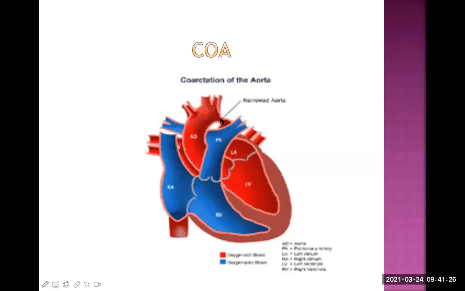Now, what happens to the heart because of this acute narrowing? Okay, now see here, this is just like a stenotic lesion. So it will lead to increased pressure development in the left ventricle, because there is a lot of resistance felt by the left ventricle to pump the blood. Over a period of time, the left ventricle will become thicker in size.